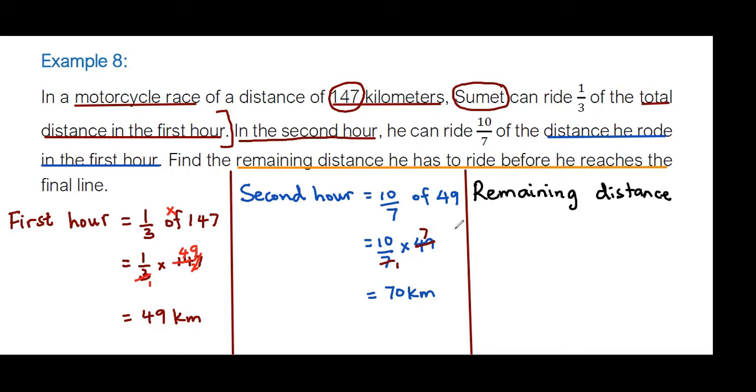So, Samet, in the first hour, he covered 49 kilometers. In the second hour, he covered 70 kilometers. But the total journey is 147 kilometers. So how many kilometers is he remaining with to finish 147 kilometers? You understand that?